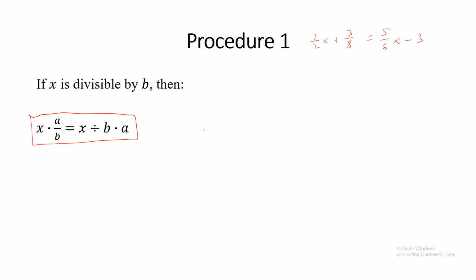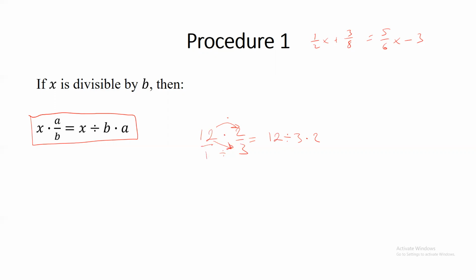In other words, if I, for example, have 12 times 2/3, since I noticed that 12 is divisible by 3, I can say this is the same thing as 12 divided by 3 and then multiplied by the numerator 2. So, divide, multiply.